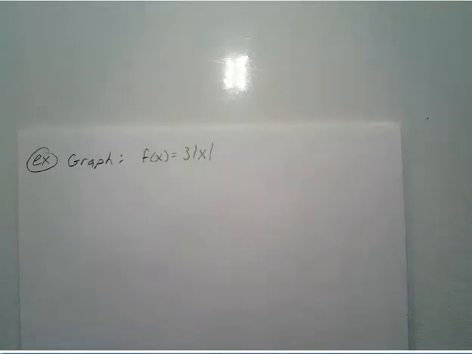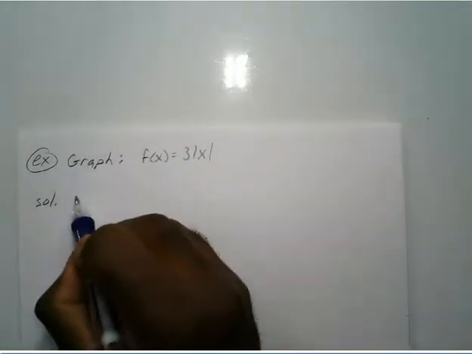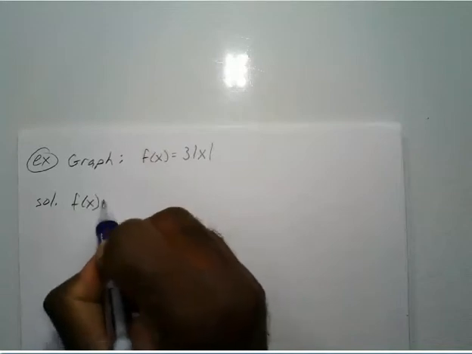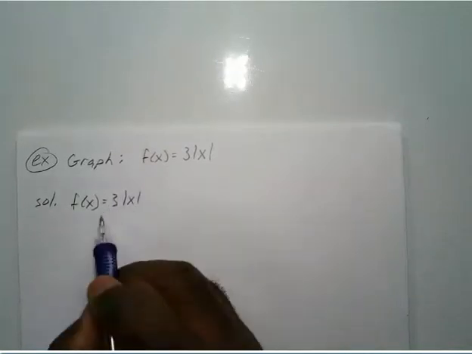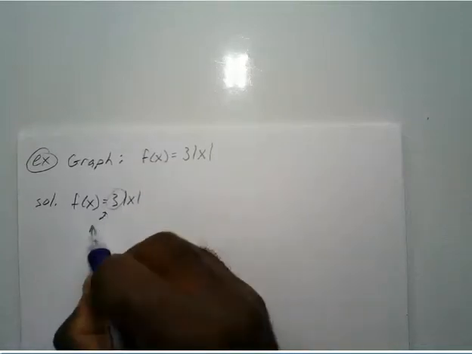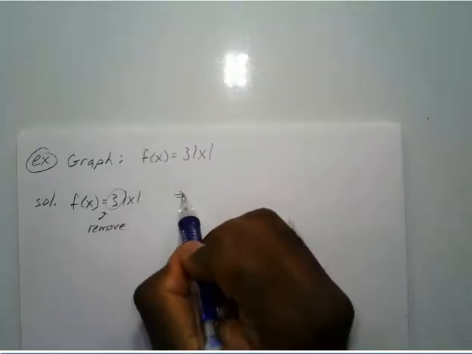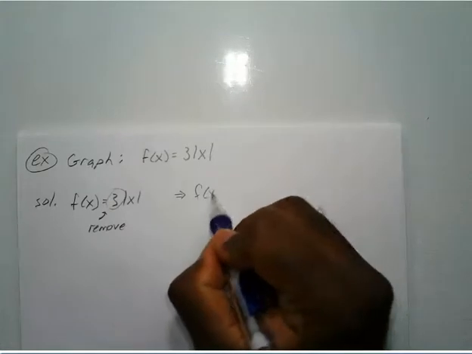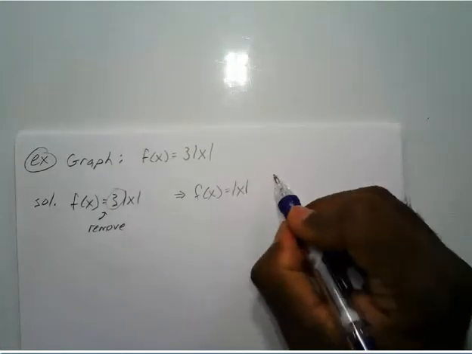Okay, so once again, we're going to start off by finding our parent function. So f of x equals 3 times the absolute value of x. There is no exponent, so we're going to remove this one. Remove that 3. Which of course leaves us with f of x equals absolute value of x as our parent function.